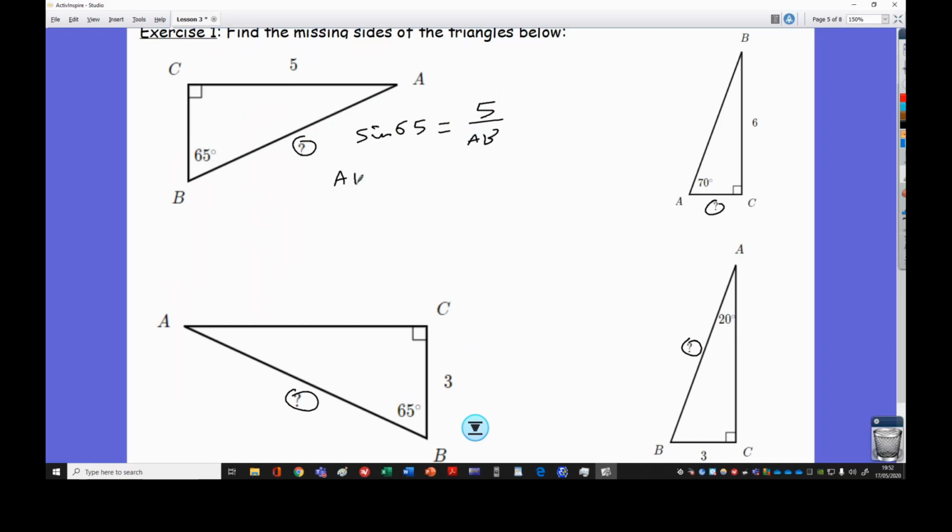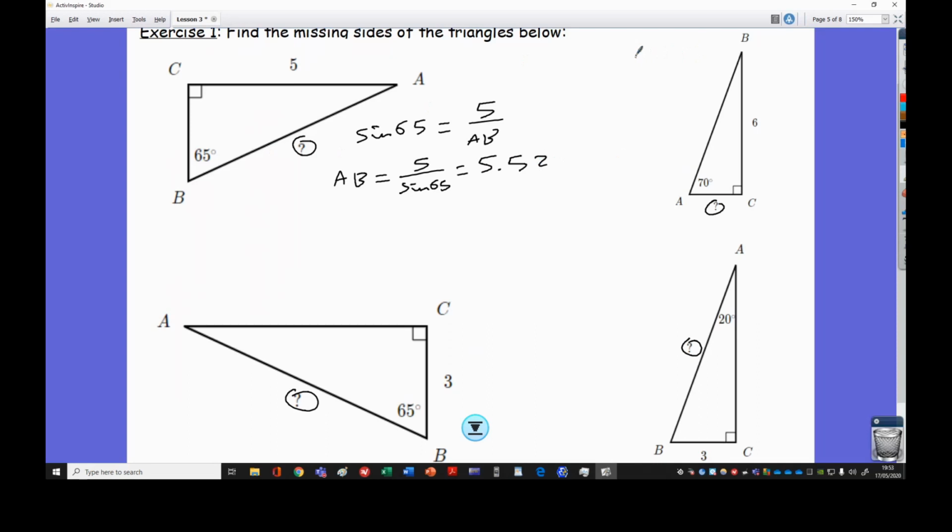So if you want the side AB, you would just have 5 over sine 65, which gives us 5.52 centimeters, or well, there were no units here, so we'll leave the units out, but generally you'll be given units.